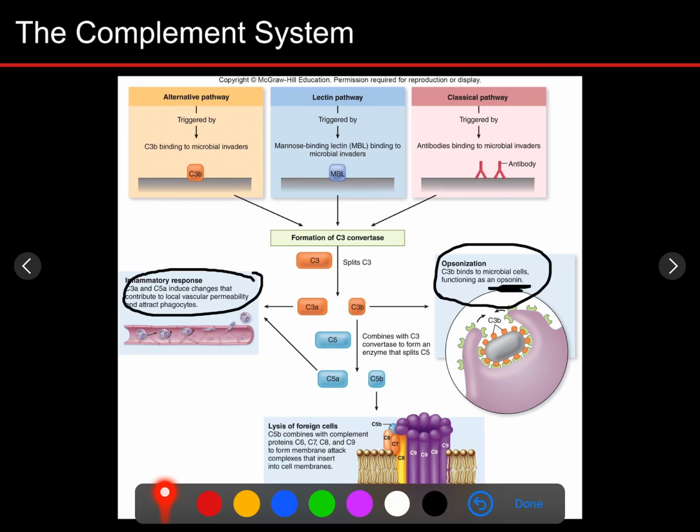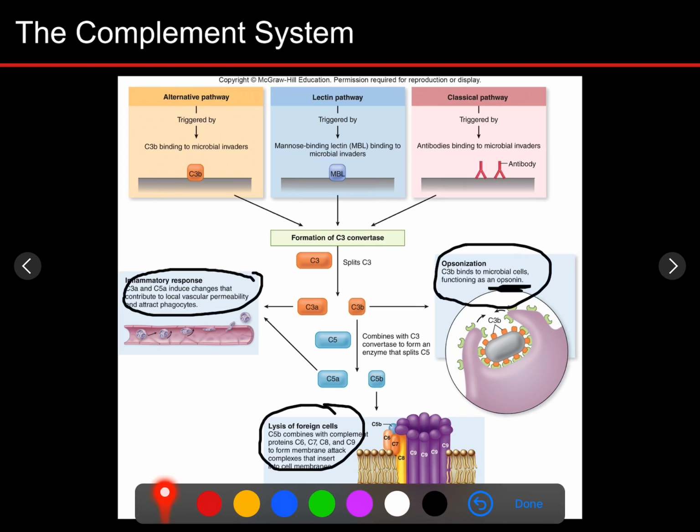So the Mac attack makes all of the other weapons that you use against bacteria more potent if it doesn't just kill the cell outright, which honestly it usually does. So this is lysis of foreign cells by the MAC.